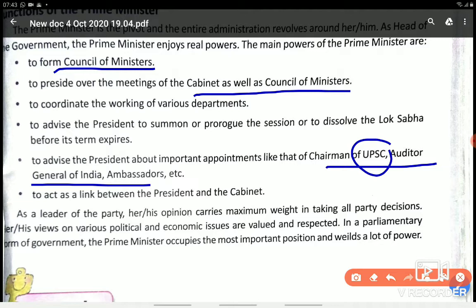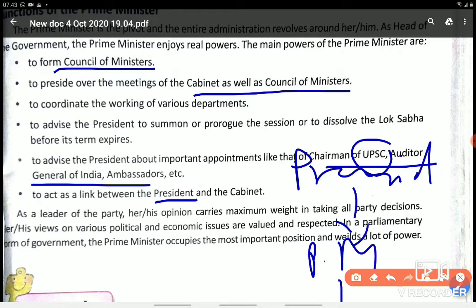He will act as a link between the President and the Cabinet. Here is your President, then your Prime Minister, and then your Cabinet. So he is a link between the President and the Cabinet.